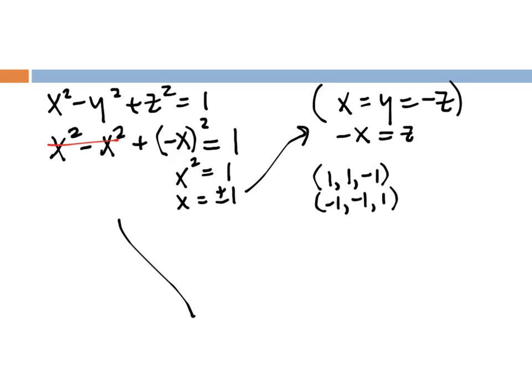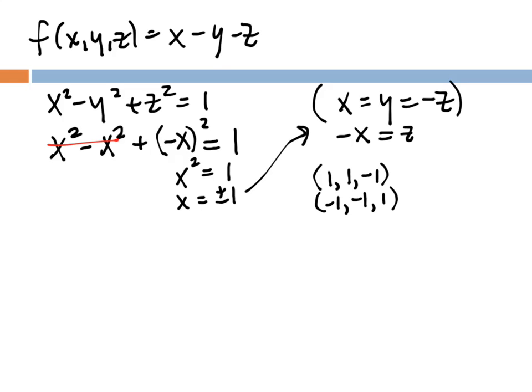I plug them into my function. My function, f of x, y, z, was x minus y minus z. So we're going to plug in f of 1, 1, negative 1, and f of negative 1, negative 1, 1.